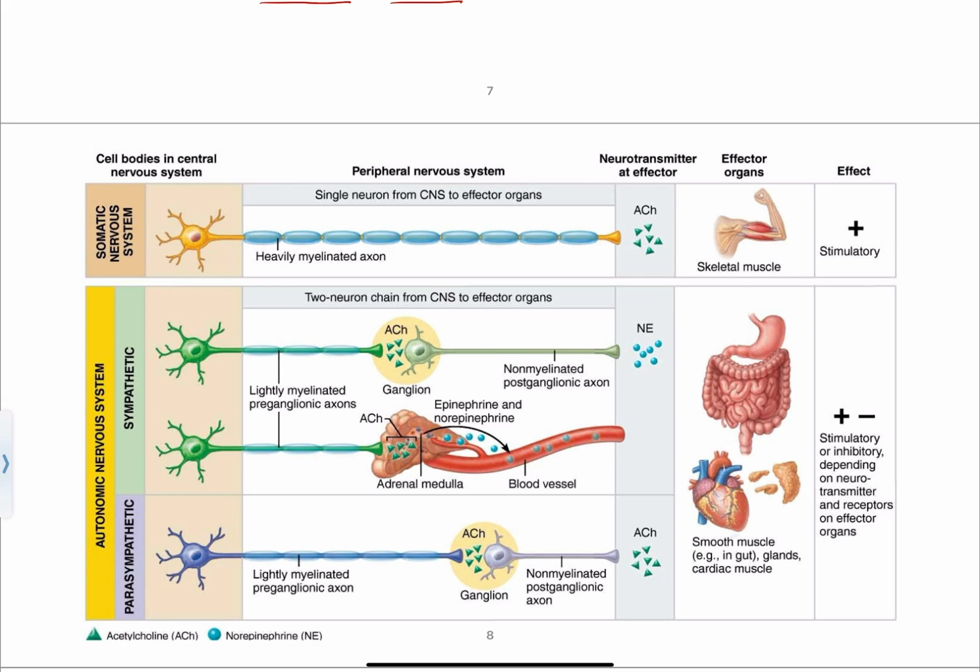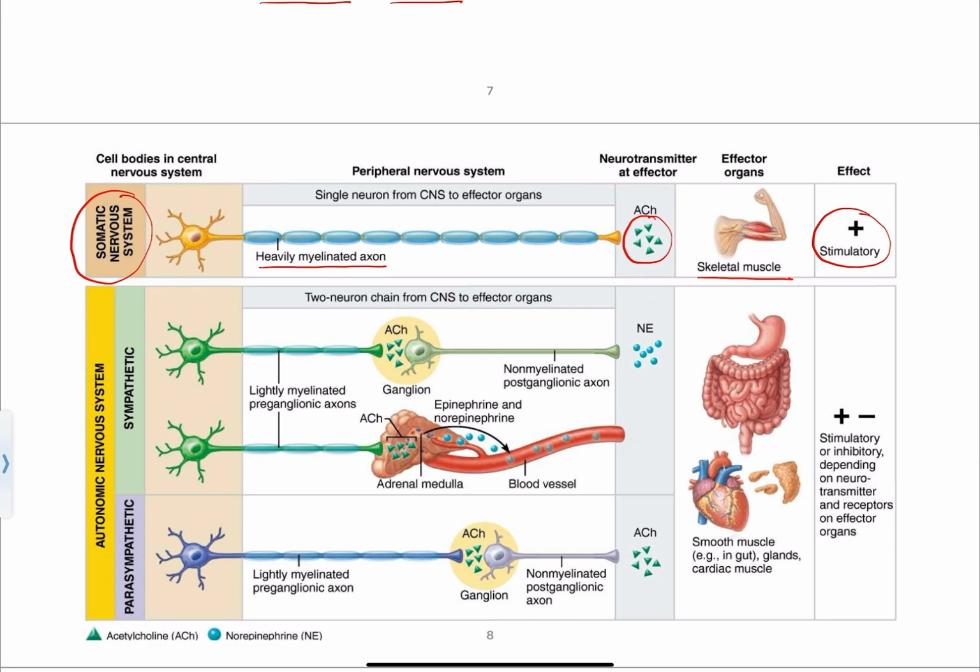But just a review, if we're talking about the somatic nervous system, we're talking about innervation of skeletal muscle. We have a group A fiber and a single neuron, and that axon is heavily myelinated. We're always going to release acetylcholine at the junction, and the effect of acetylcholine at its receptor on the skeletal muscle is always going to be stimulatory.